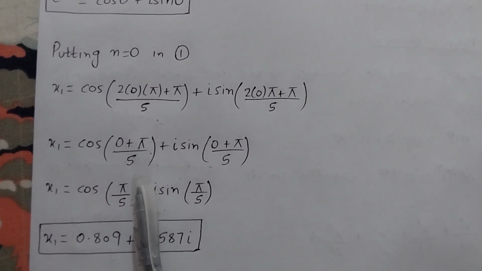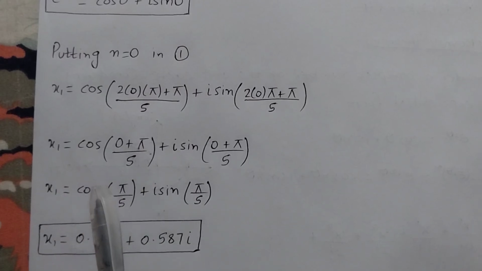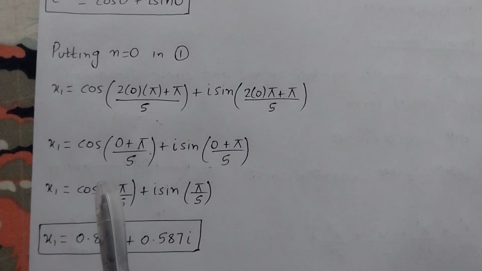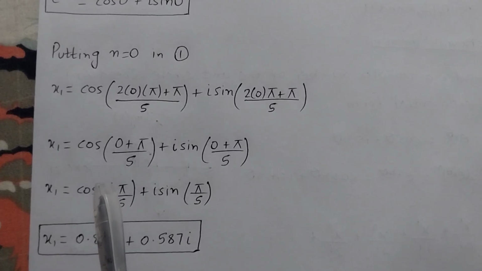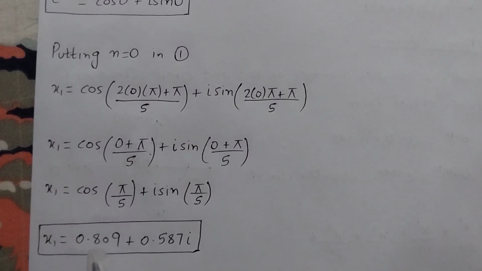One thing which I wanted to tell you earlier is that the power series which we used to prove de Moivre's theorem is basically only applicable on the angle in radians. So that's why we are dealing with radians here. So x1, the first root for this equation, is this, and this is a complex number.